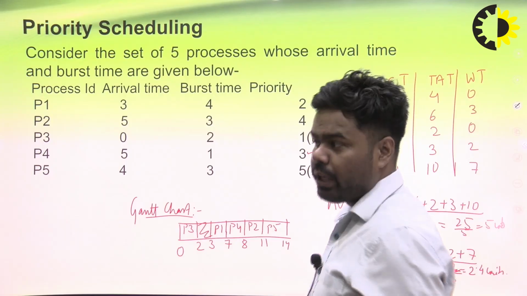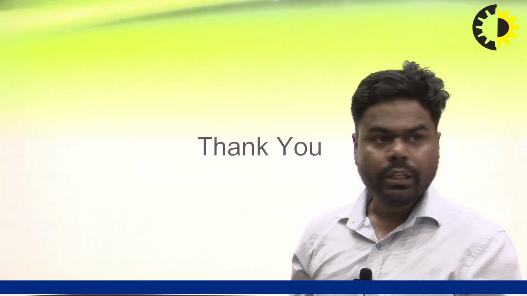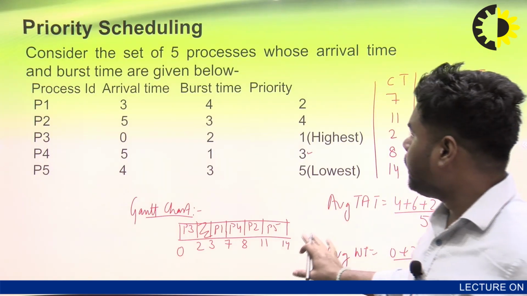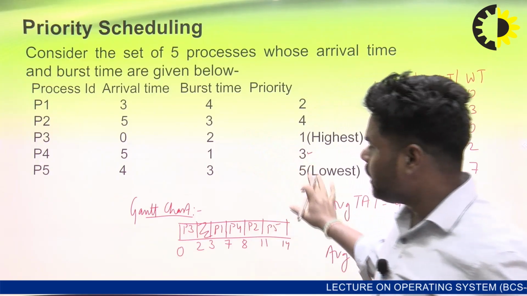So we are calculating the average turnaround time and waiting time like this. This is the Gantt chart, and CPU scheduling works like this.